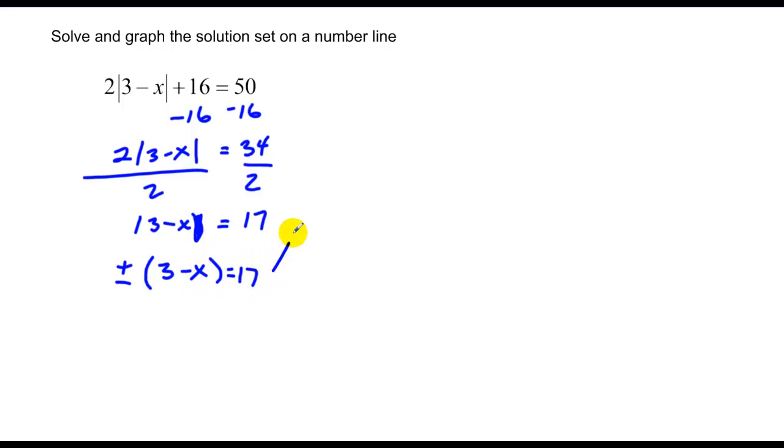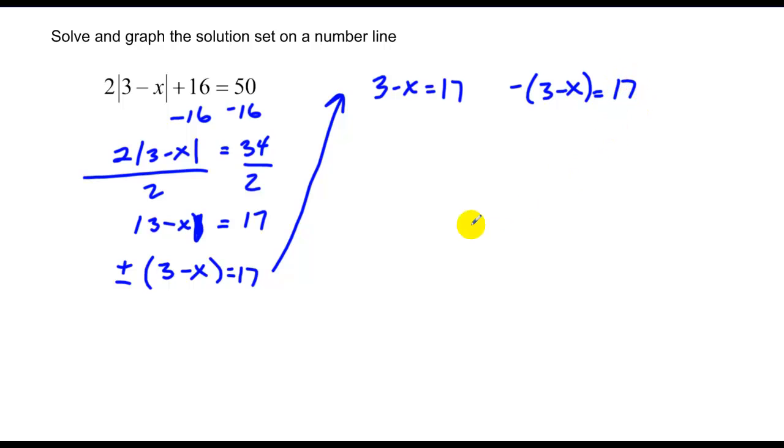equals 17. I'm going to roll this over to here. So I have two equations now. 3 minus x equals 17, and I have the opposite of 3 minus x equals 17. Subtract 3 from both sides. Negative x equals 14. Divide by negative 1. x equals negative 13.